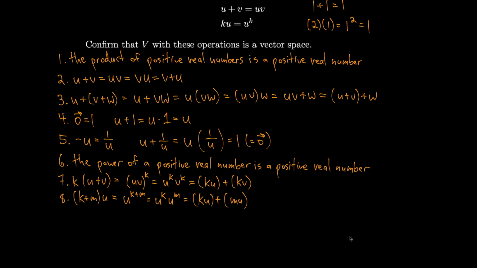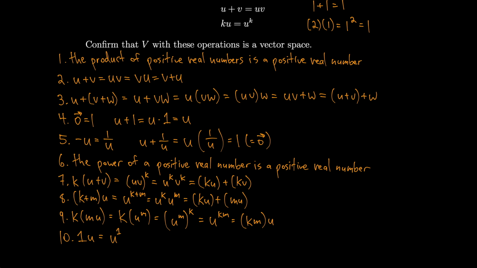For number 9, we have k times mu equal to k times u to the m, which is u to the m to the k, and by properties of exponents, that's u to the km, which is just km times u. Last but not least, if we take 1 times u, that's u to the 1, and by properties of exponents, that's just u. So this actually is a vector space. Pretty cool.